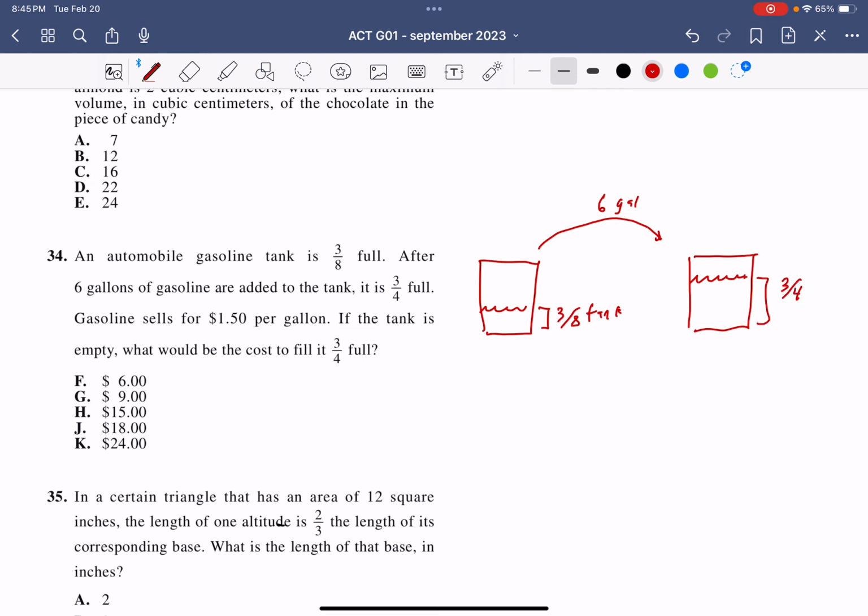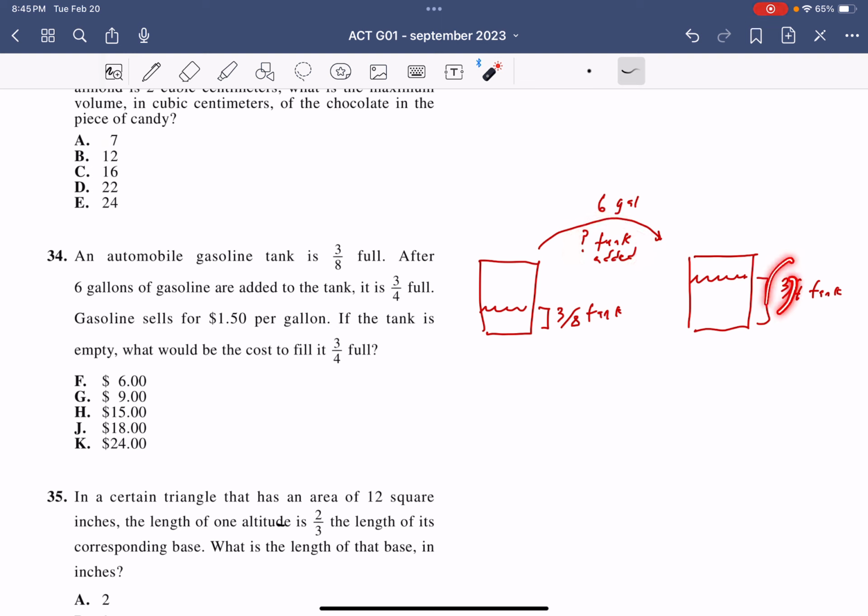So 3/4 of a tank. We got to figure out how much of a tank was added. So what fraction of the tank was added?